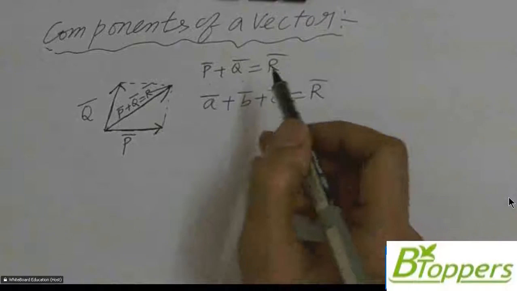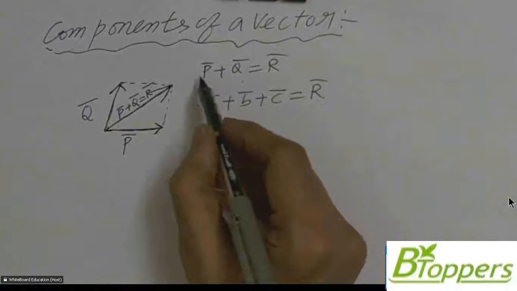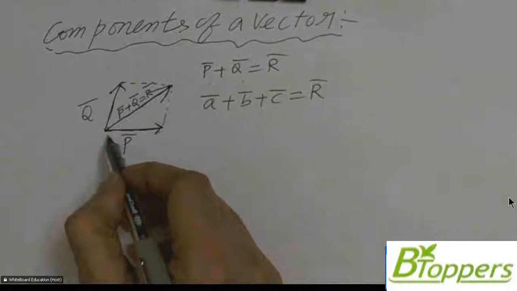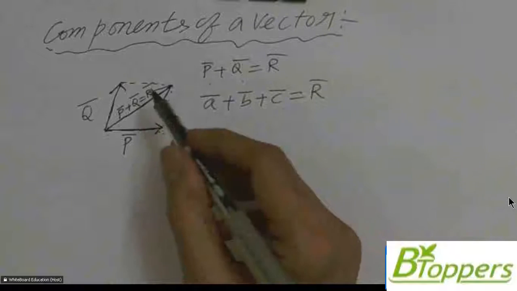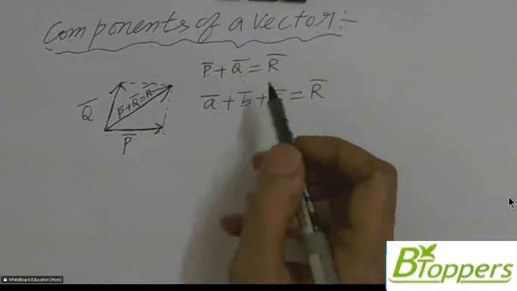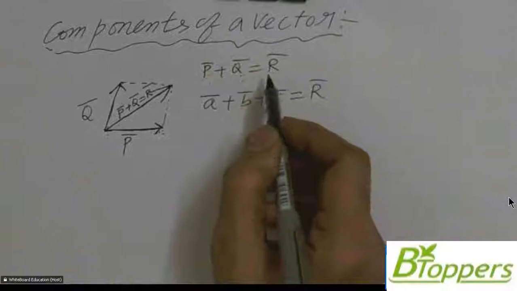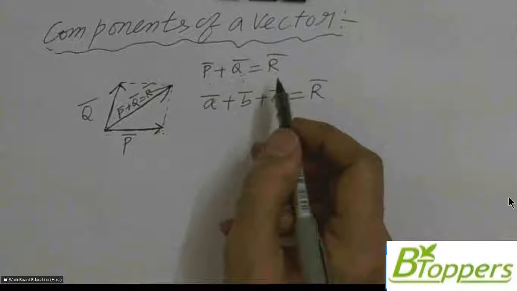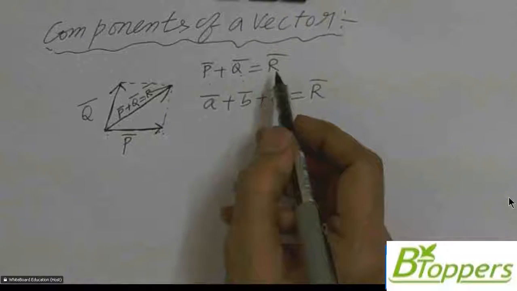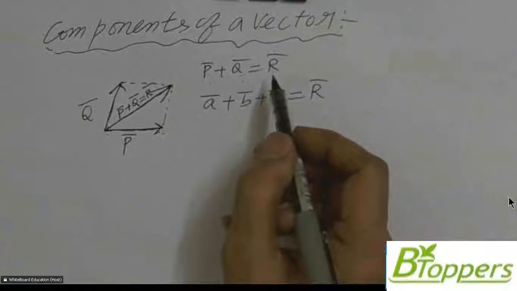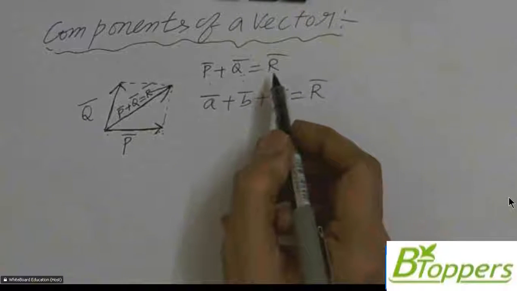Therefore, in general, if the vector sum of two vectors, as shown in the figure, p bar and q bar gives you the vector r bar, then the two vectors p bar and q bar can be called the component vectors of r bar. Any two vectors whose vector sum gives you the vector r bar can be called the component vectors of r bar.